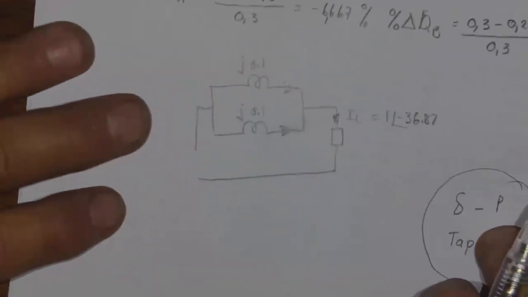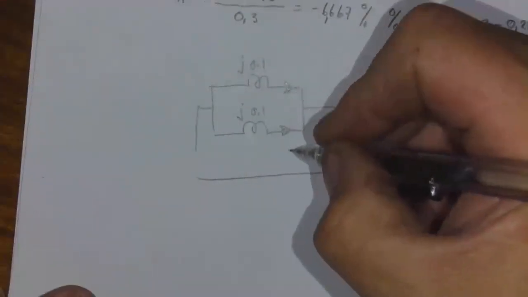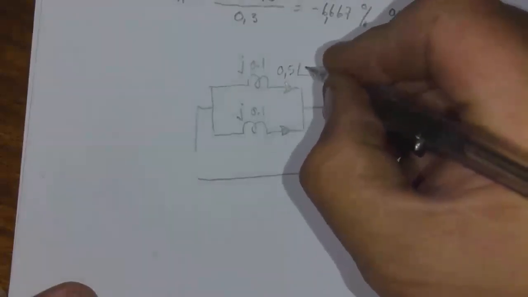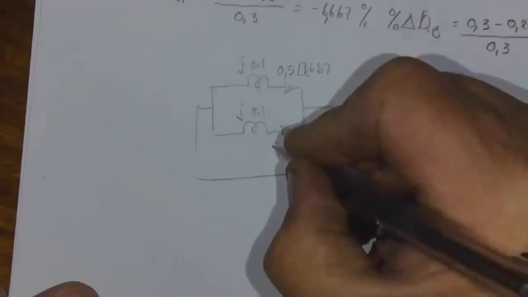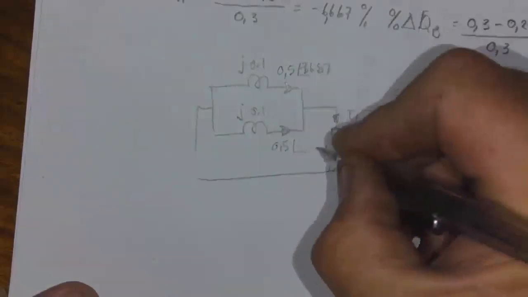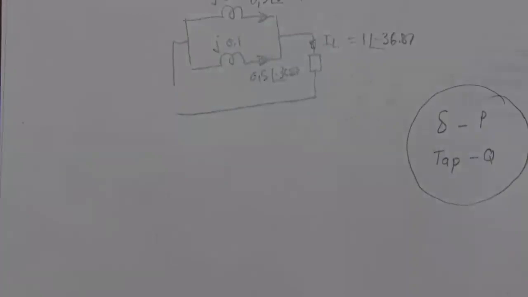So if there's no phase shift or tap change, that one will share half of the load, and that one will share half of the load.